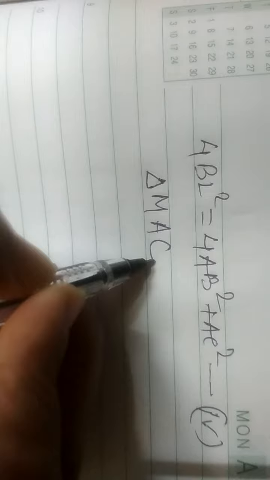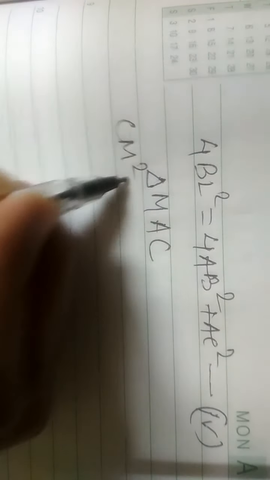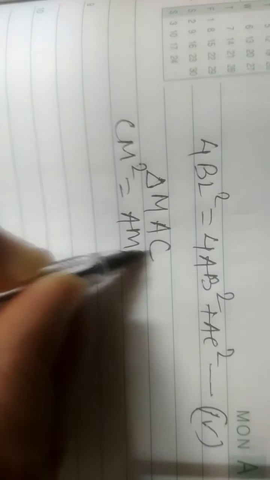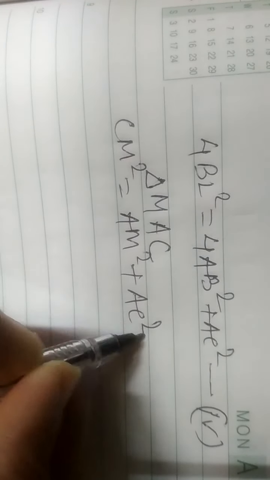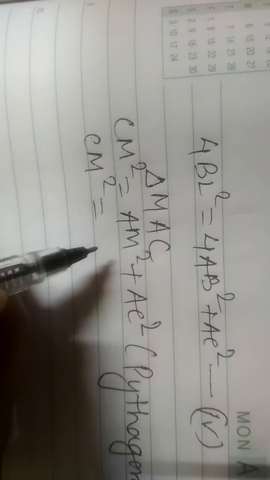Then we take another right angle triangle, triangle MAC. Here also we use the Pythagoras theorem: CM square equals AM square plus AC square.